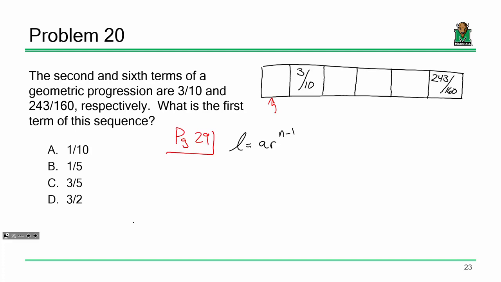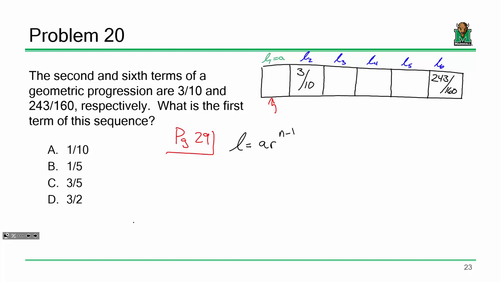Would you agree that if I named these terms according to this, like this would be L2, L3, L4, L5, L6, and this term here would be L1, but we have a special name for it, and we call it A, right? That's the first term, right? So ultimately, we need to determine what these are, right?